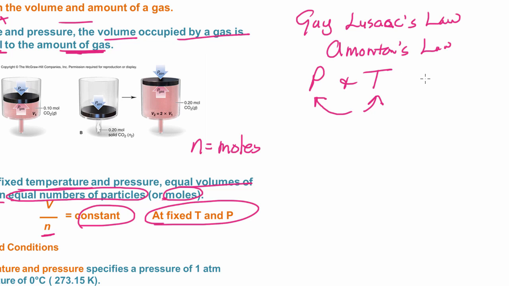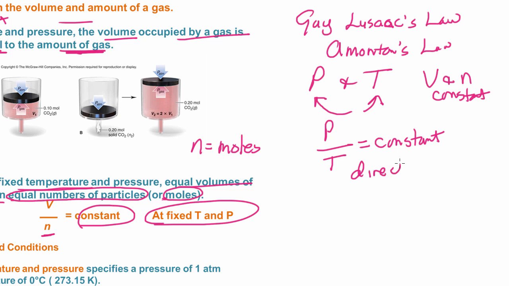And again, that's if the volume and number of moles of gas is constant. Okay, so we can write Amontons's law like so: pressure over temperature, again, that's in Kelvin, is equal to a constant. So this is a direct proportion.